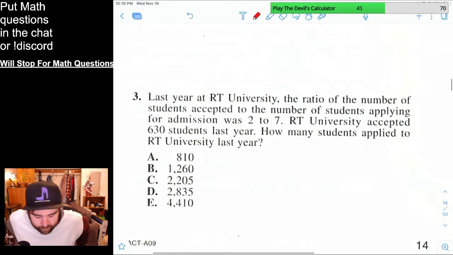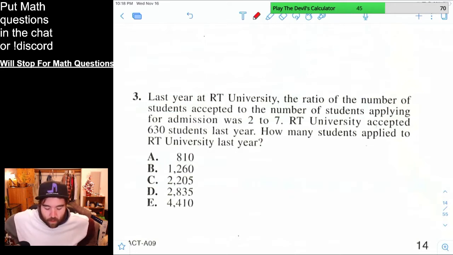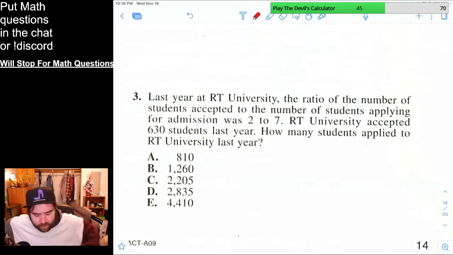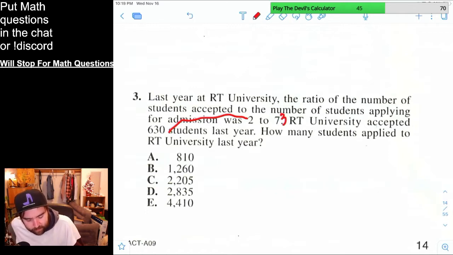Last year at RT University, the ratio of the number of students accepted to the number of students applying for admission was 2:7. RT University accepted 630 students last year. How many students applied to RT University? Well, I would say, what did they multiply 2 by to get 630? They multiplied it by 315, because 630 divided by 2 is 315.